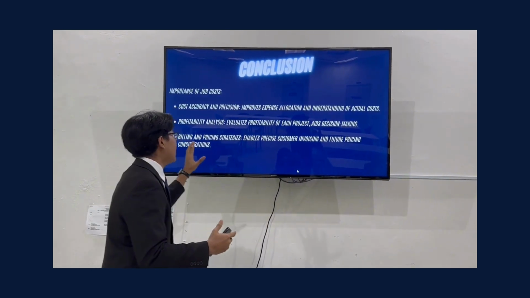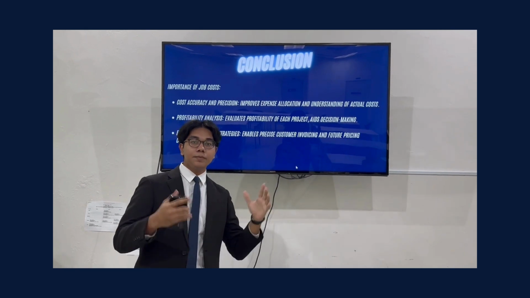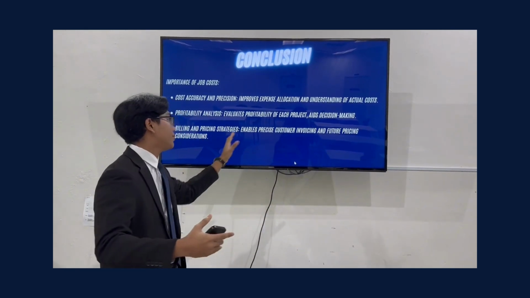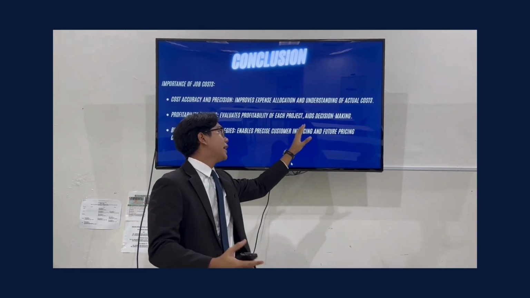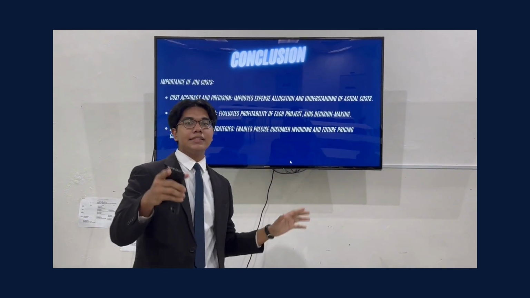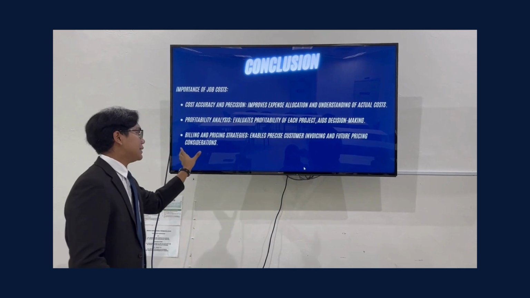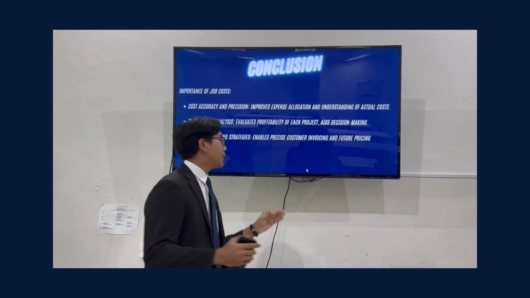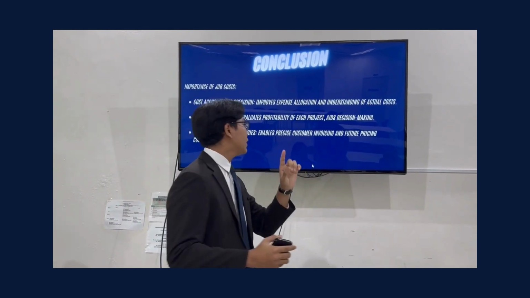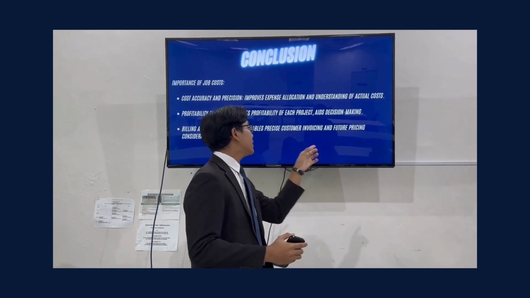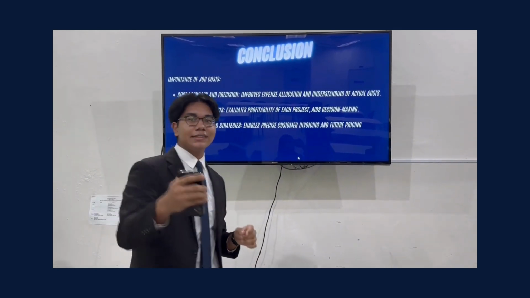Profitability analysis, the purpose of which is to evaluate the profitability of each project, directly aids decision making. Lastly, billing and pricing strategies enable precise customer invoicing and future pricing considerations.